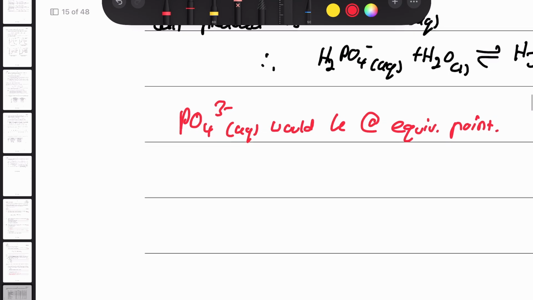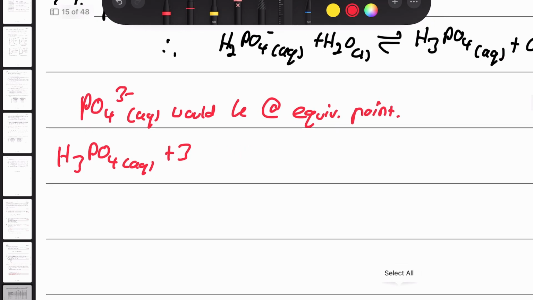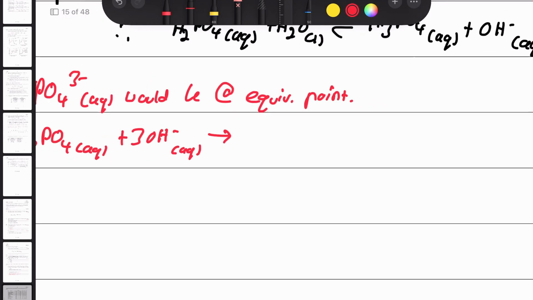So you're gonna have your H3PO4 aqueous plus 3 OH minus aqueous. Oh, I should be Na, we'll just do OH minus aqueous. And then this would become your PO4 3 minus aqueous and water.